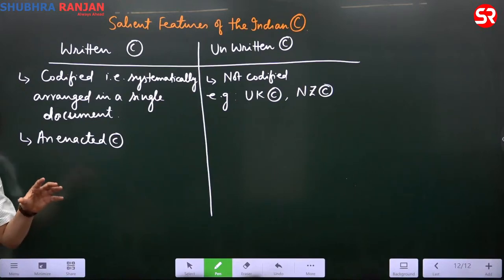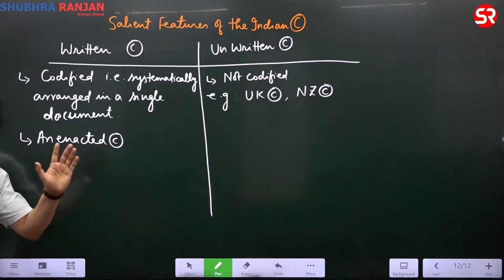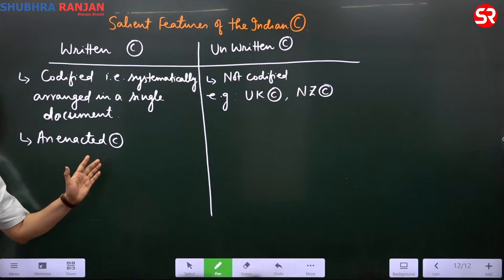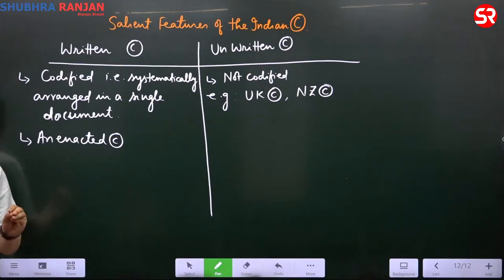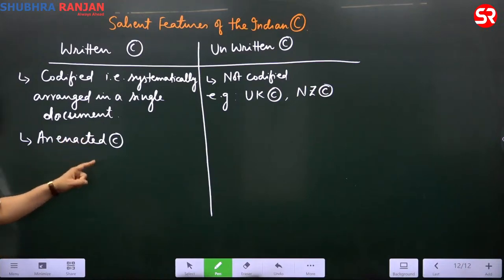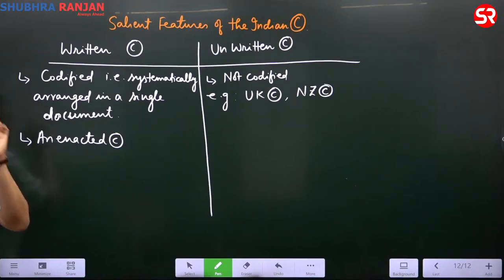A group of people sat down together and wrote the constitution, they enacted the constitution, and then they said that okay, this is the Constitution of India. The Constituent Assembly enacted it. The American Constitution was enacted by a body called the Philadelphia Convention. So the group of people were termed as the Philadelphia Convention. So an enacted constitution means people wrote the constitution: this is the constitution of this country.